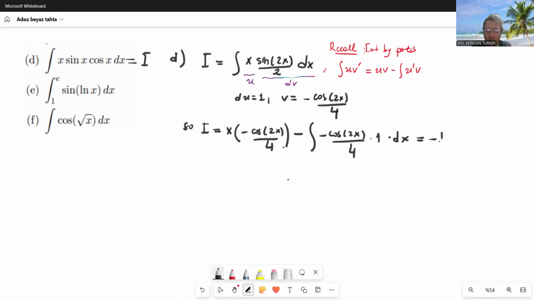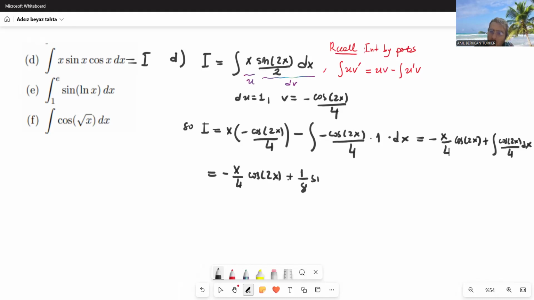Minus 1 minus x over 4 cosine 2x plus integral cosine 2x over 4 dx, which is equal to minus x over 4 cosine 2x plus 1 over 8 sine 2x plus c. Again, you can verify this by taking the derivative of this function. When you take the derivative, we get 2 and cosine, so you get the same thing. So this is part D.